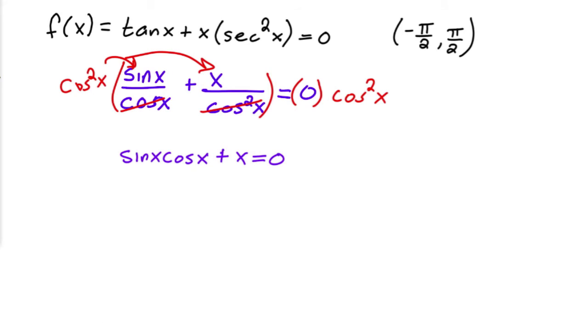Okay, now to solve this, I'm going to bring the x over, so I'm going to have sine of x times cosine of x equals negative x. So this isn't very easy to see because we don't know what sine of x times cosine of x looks like.